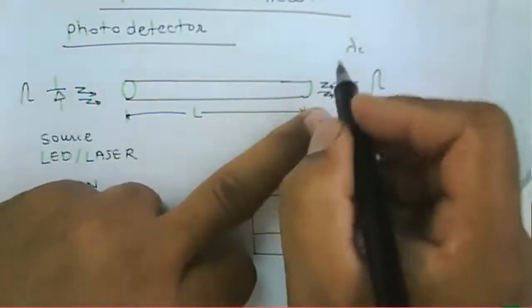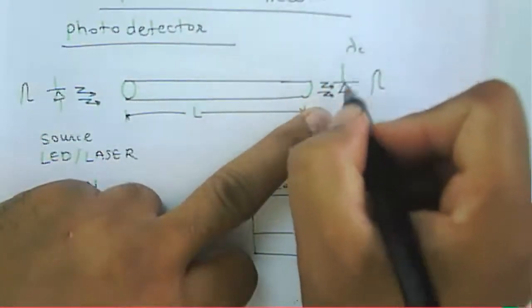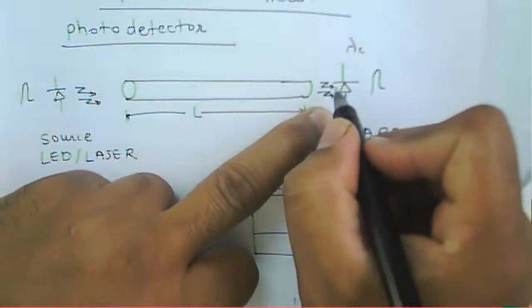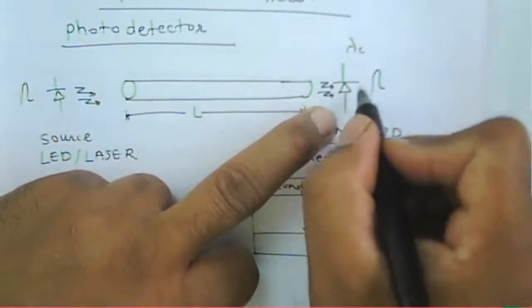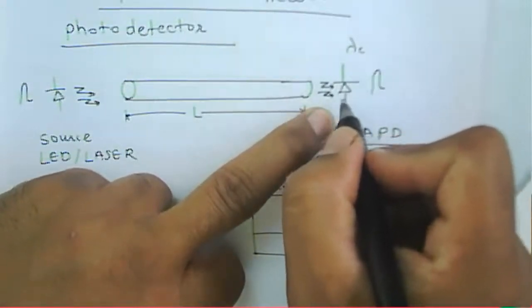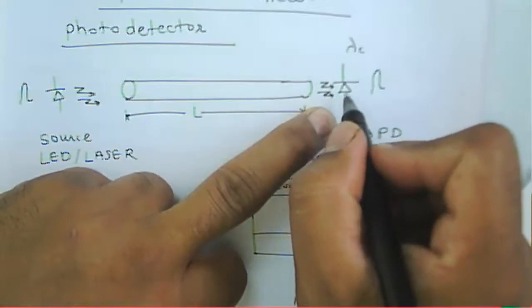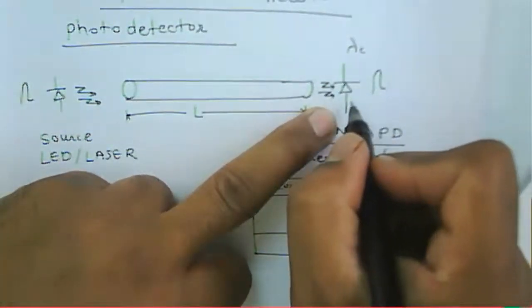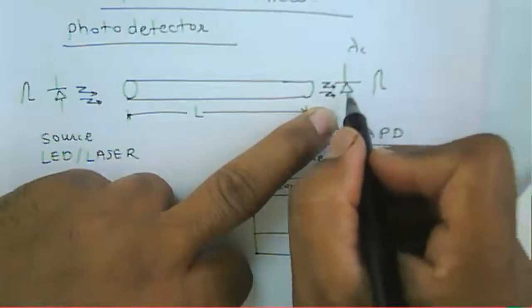So the photo detector, or whatever device we are using, is to be very small in size, and it has a high sensitivity to light and a fast response time.